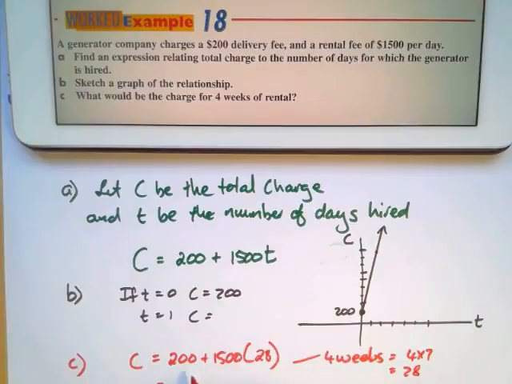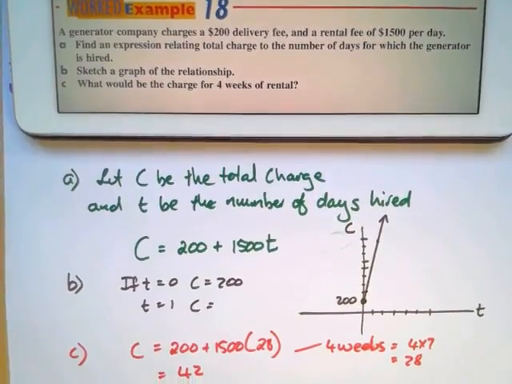And if I do that on my calculator, the answer is 42,200. Now I don't have space here, unfortunately, or fortunately, but you need to have a worded answer. So the answer would be $42,200.